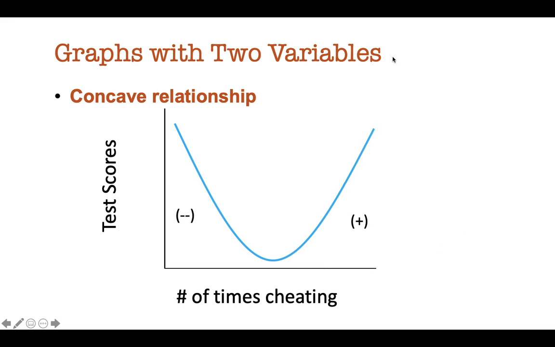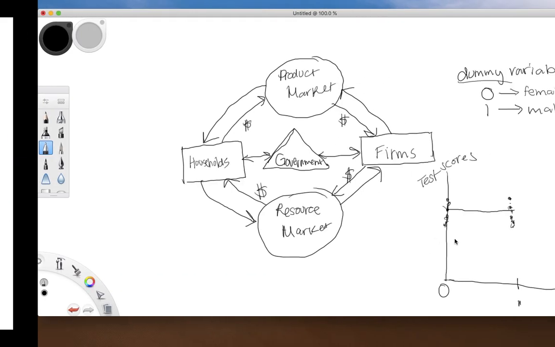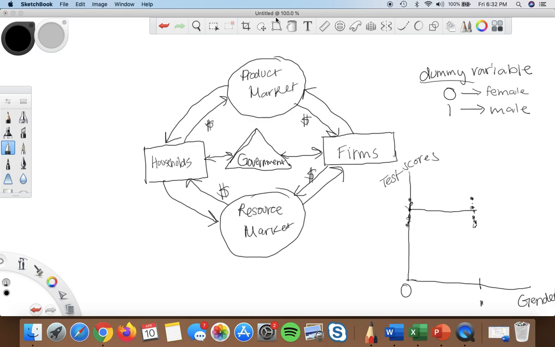Now, the key question here, I am not advocating for cheating at this point. The real question is, what is this point? How many times do you have to cheat before it starts paying off? Because over here on this side of the graph, cheating is not worth it. And so, in my class, I just want to point out here that if I'm to draw this graph, let's see if I can maybe zoom in here.